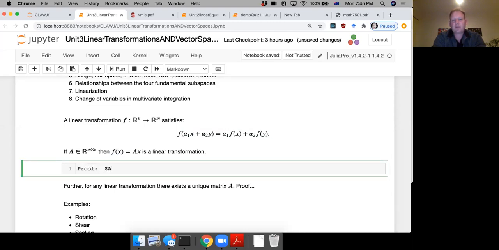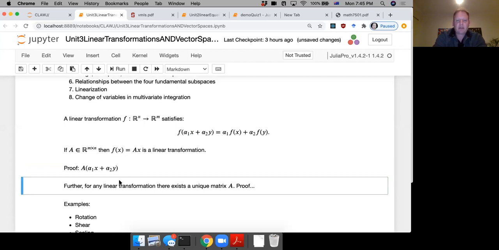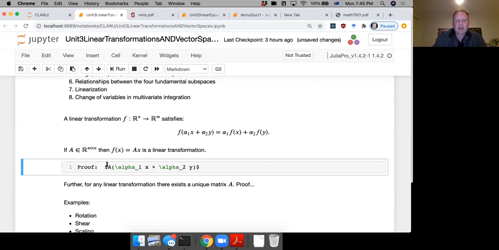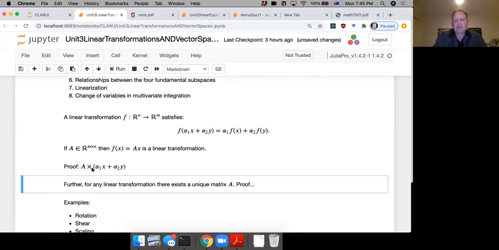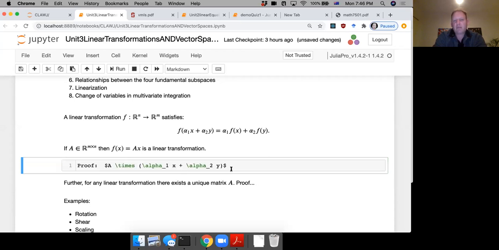So what we're going to do is A times alpha 1 x plus alpha 2 y. Okay, we need to look at this. And this is A times, I should say, this is like matrix multiplication. But then from the rules of matrix multiplication, that's just alpha 1 A x plus alpha 2 A y.